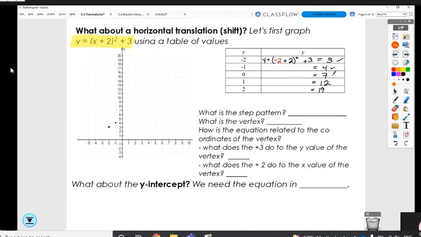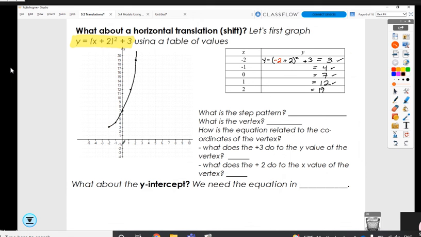Okay, 0, 7. 1, 12. 2, 19. Tough. This looks like it's one side of the quadratic here.